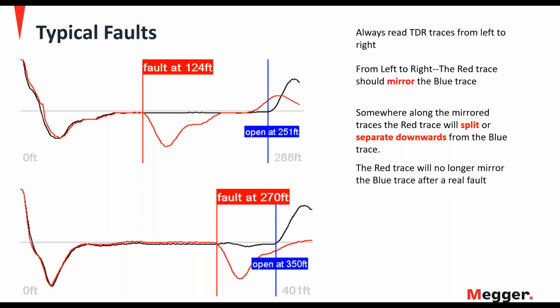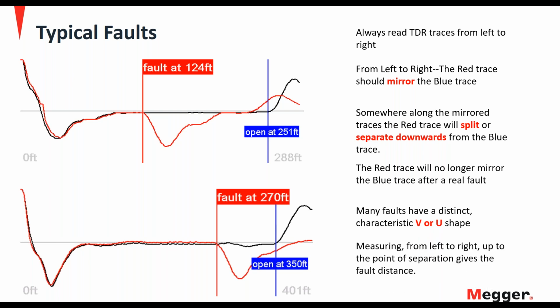After that separation, the red trace will no longer mirror the blue trace. We're also looking for this characteristic U or V shape of the fault. And if we measure from left to right out to that separation point, that is where the fault distance is. So these are the steps that we would go through to verify a typical fault.